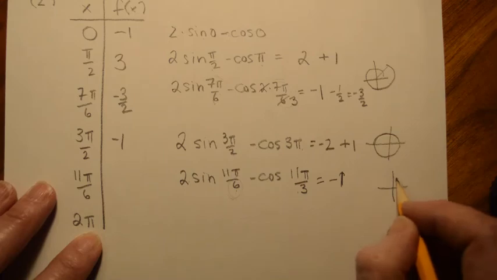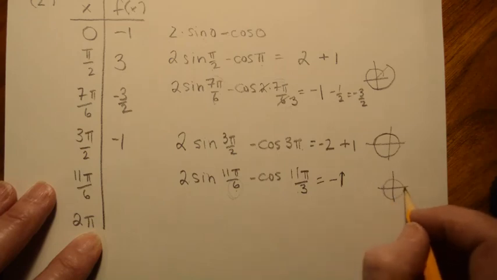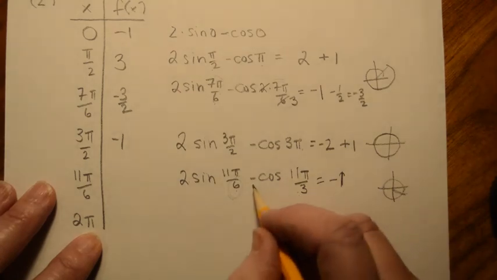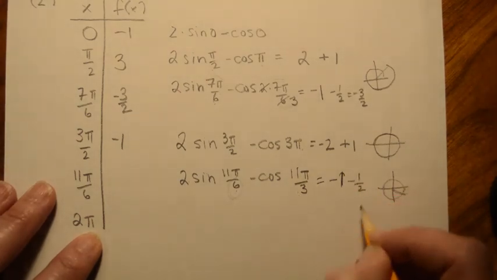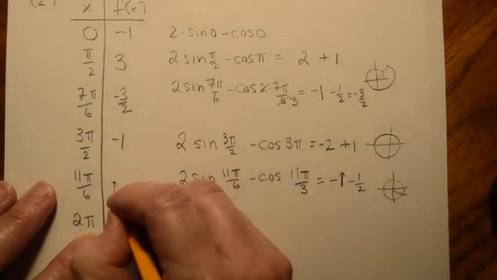Let's see, this is pi, 2 pi, 3 pi. That would give us 9 pi over 3. 4 pi would be 12 pi over 3. So we don't quite make it. All right, 11 pi over 3 would be in the fourth quadrant. Cosine is positive there, and it's 1/2. So this is minus 1/2. So we end up with minus 3/2.